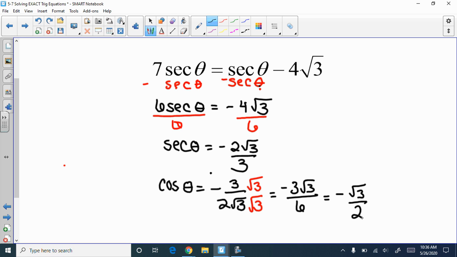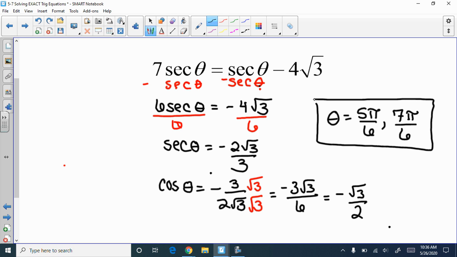So that's the value of cosine you're looking for, because you're looking at secant there. So then cosine being negative square root of 3 over 2, that would be 5 pi over 6 and also 7 pi over 6. So you're solving for those values of secant.